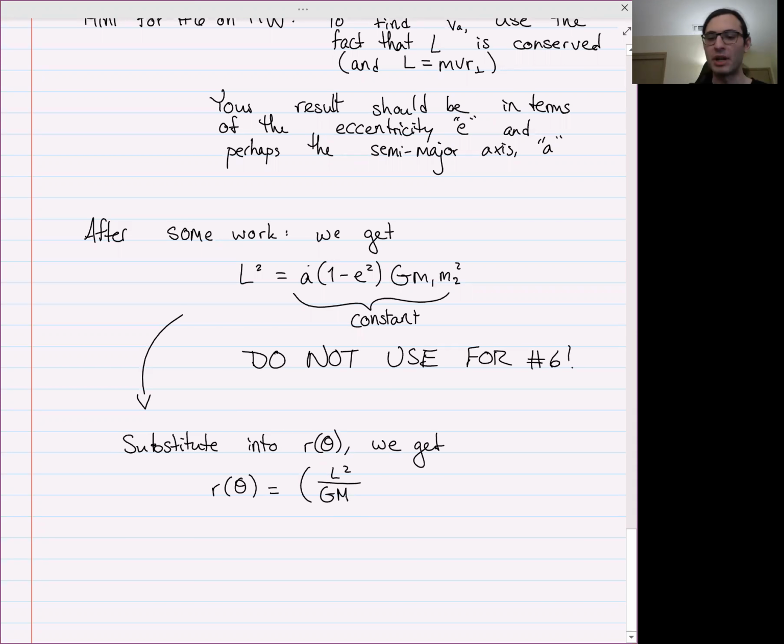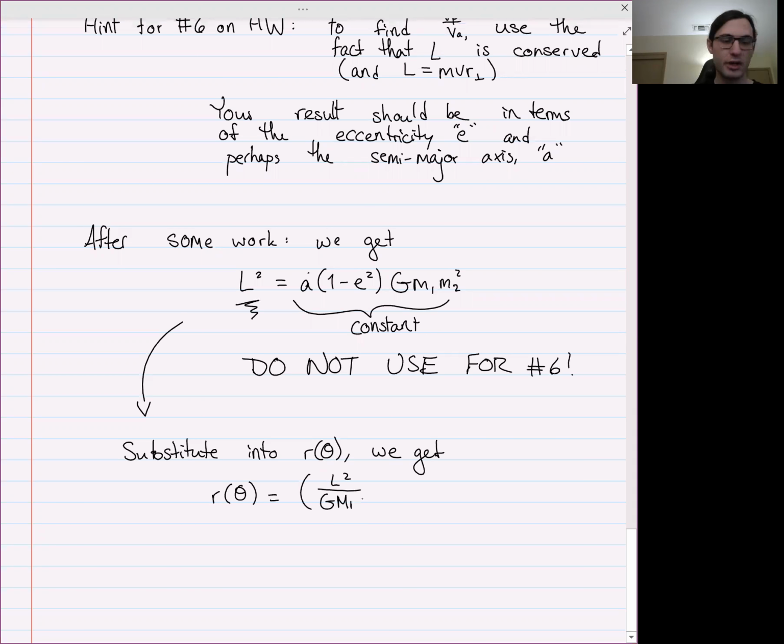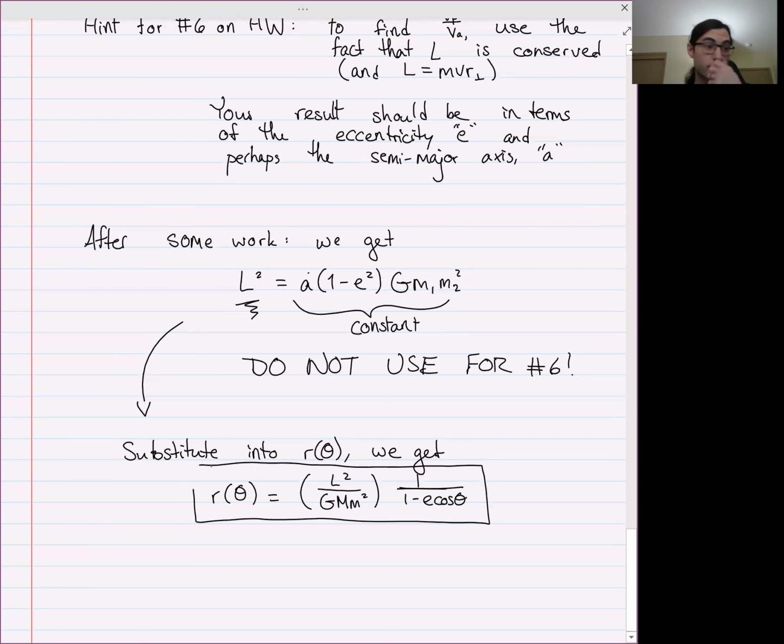L is angular momentum. G M m squared, times 1 over 1 minus E cosine of theta. This is a useful fact, because it's just a simpler version that depends only on the angular momentum rather than the semi-major axis, right?